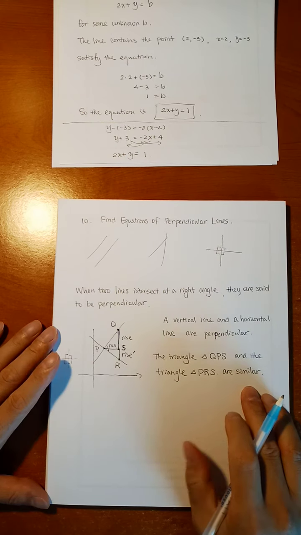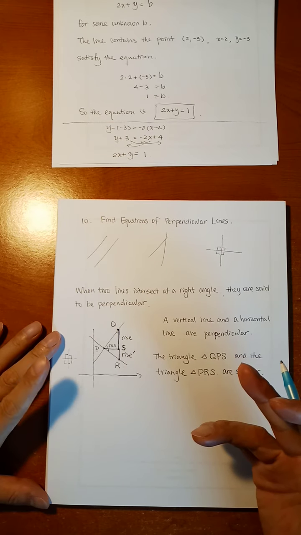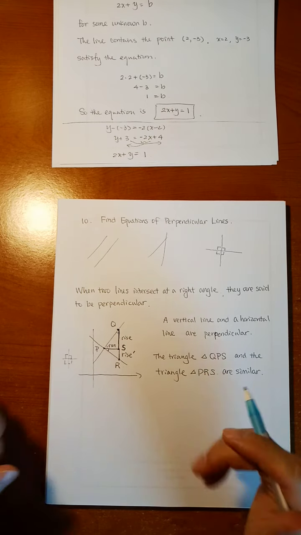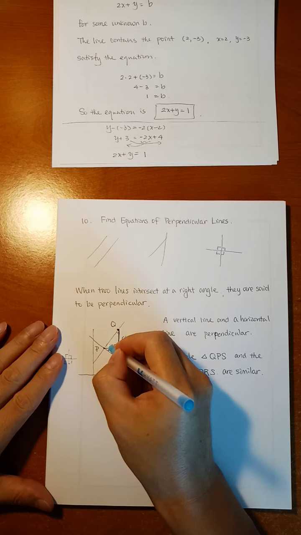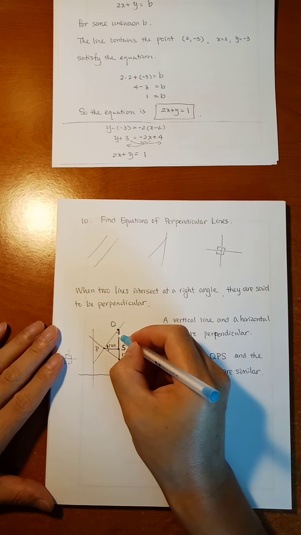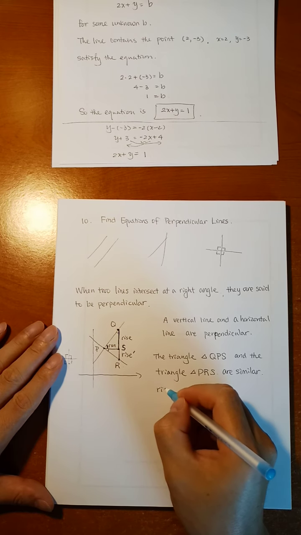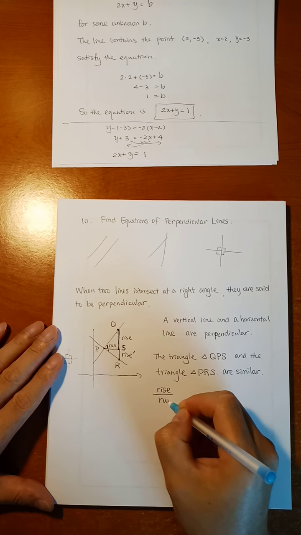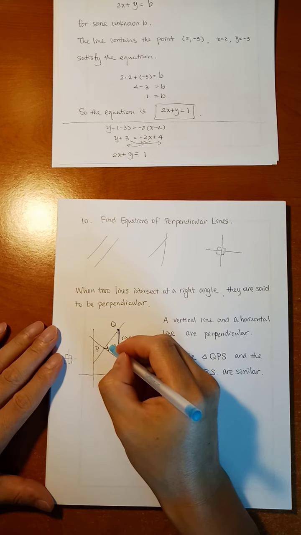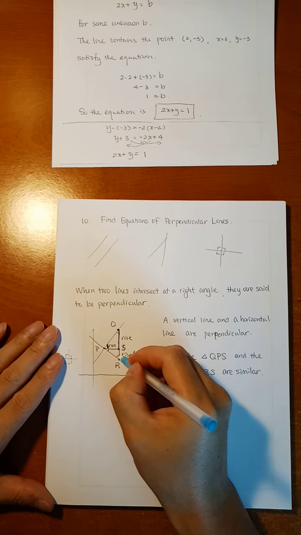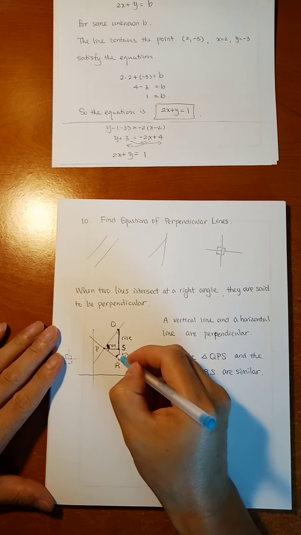For similar triangles, they have corresponding ratios. So, for example, for this angle, the rise over run, the opposite over adjacent. Let me make this angle correspond to this angle.